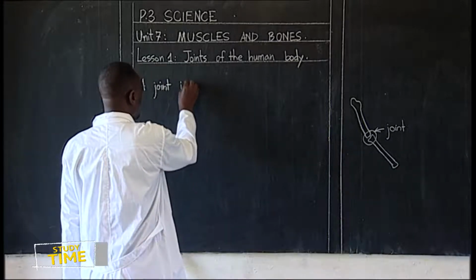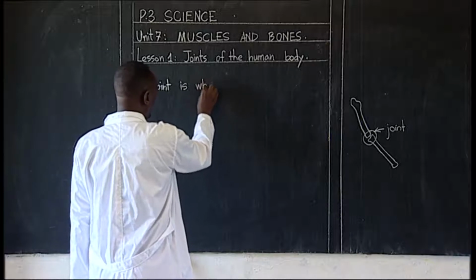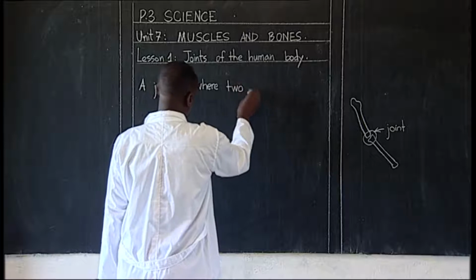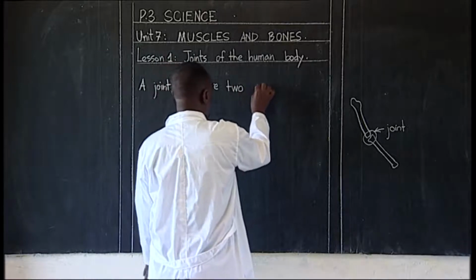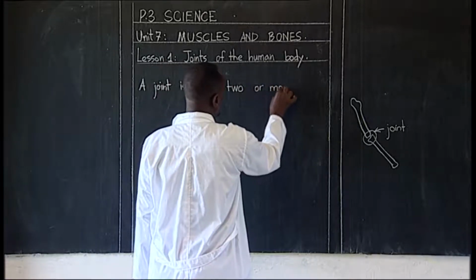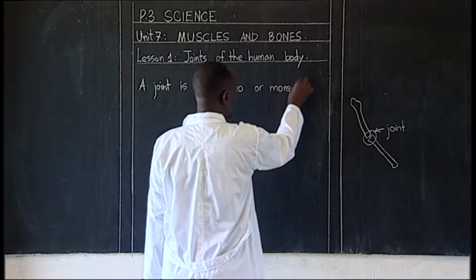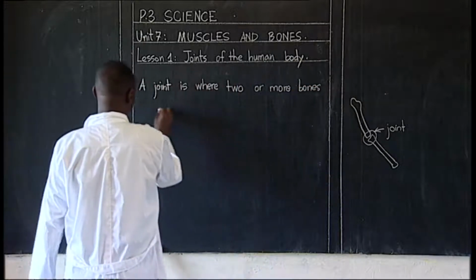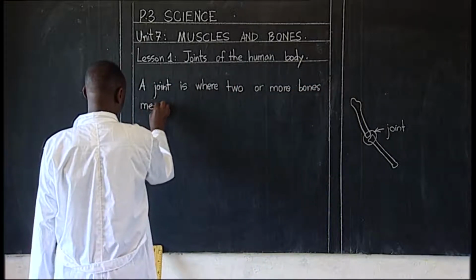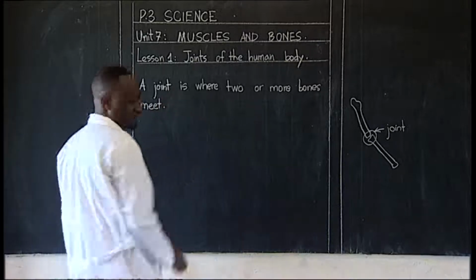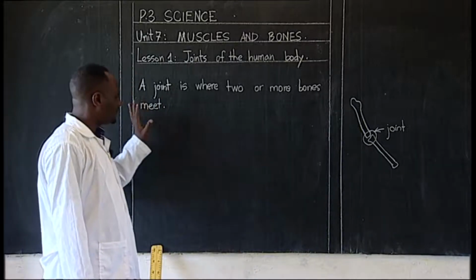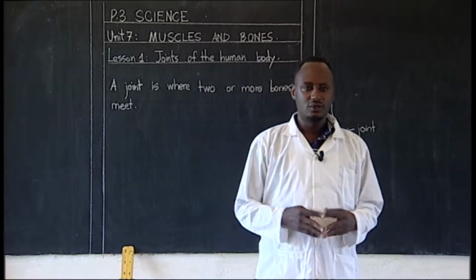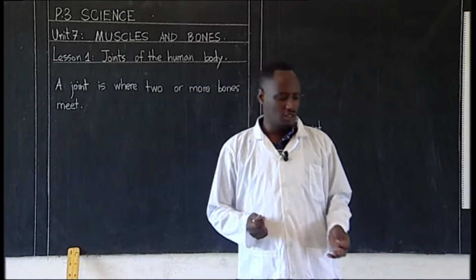You can simply say a joint is where two or more bones meet. Of course, in the body. So that is the definition of a joint.